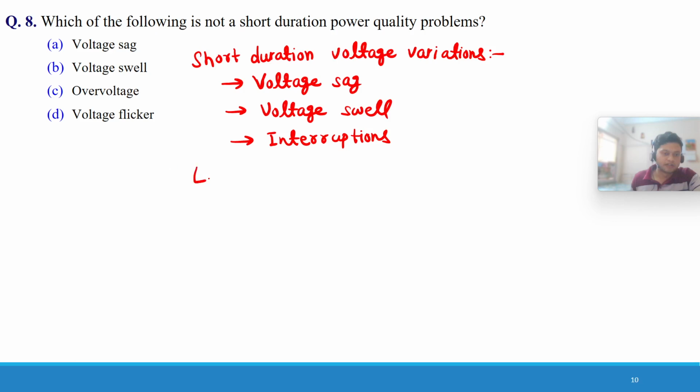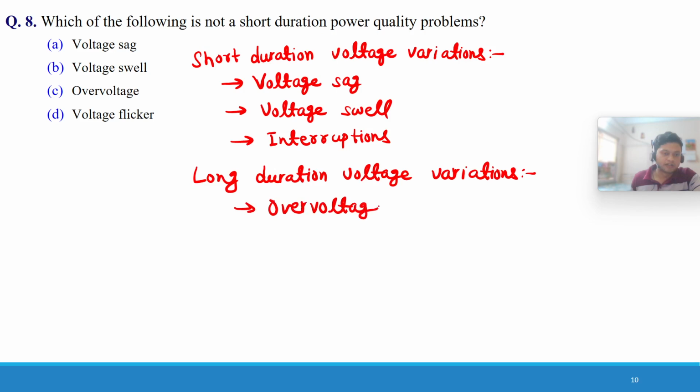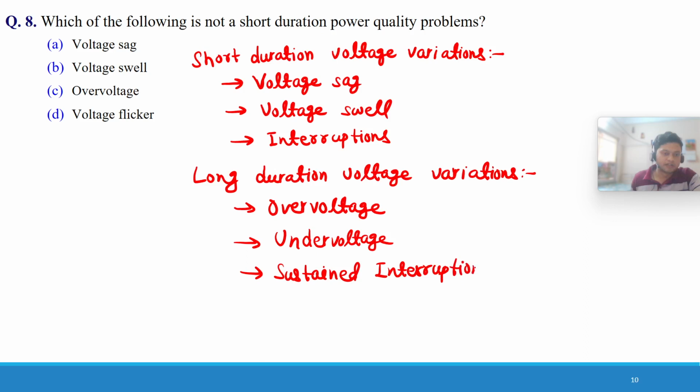And on the other hand, for long duration voltage variations, we can say over voltage that sustains for more than 1 minute, over voltage, under voltage, and sustained interruptions are some of the examples for long duration voltage variations.